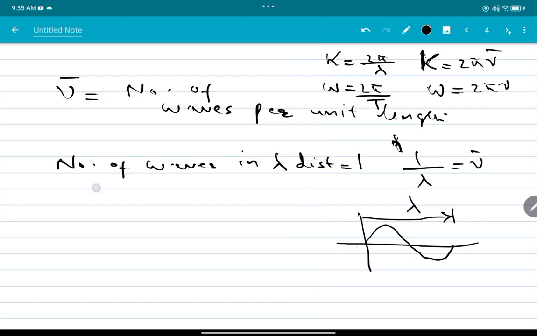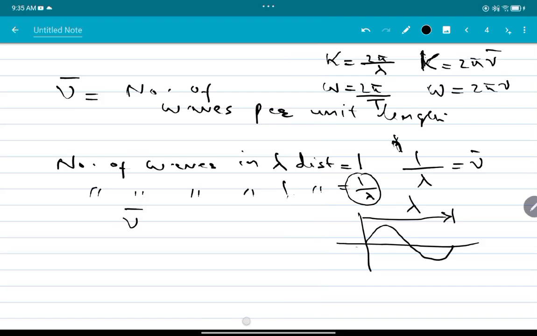The number of waves in unit distance is 1 by lambda, and this is what we call wave number.